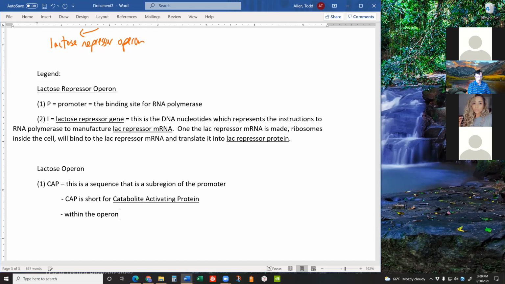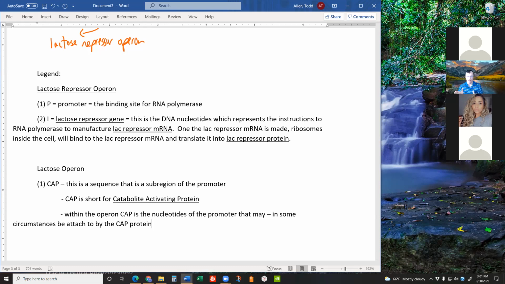Within the operon, cap is the nucleotides of the promoter that may, in some circumstances, be attached to by the cap protein. Okay, we need to be very careful here.